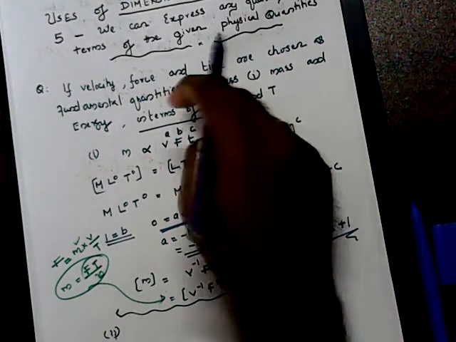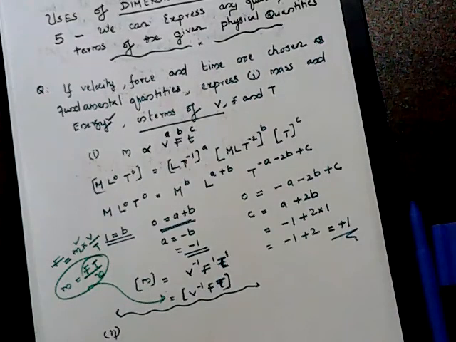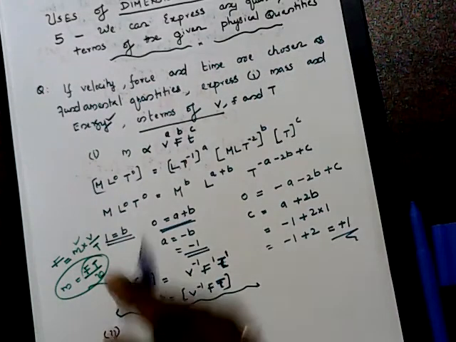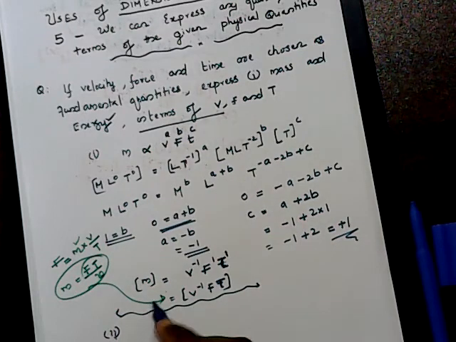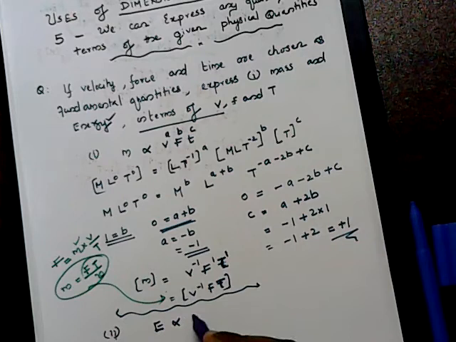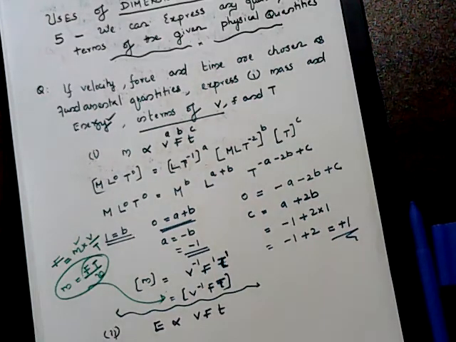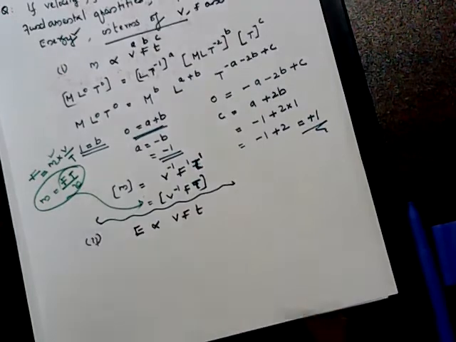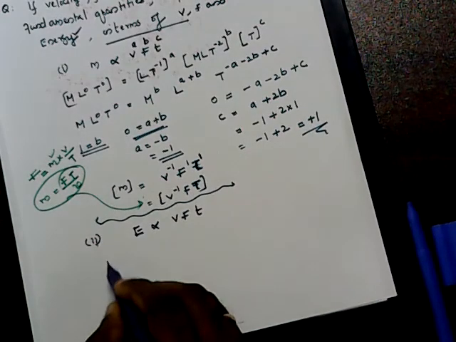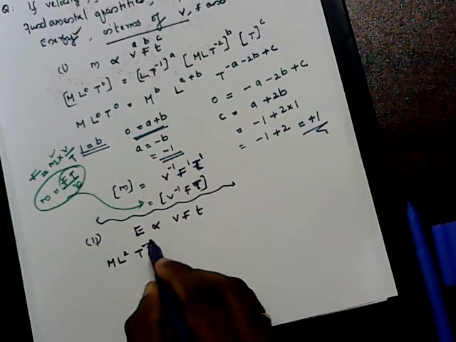So there we have to express the energy in terms of force, velocity, and time. A similar concept we have to use here also. The energy in terms of velocity, force, and time. At first, we can express the dimensions on both sides. So for energy, it is nothing but equal to M L squared T raised to minus 2.